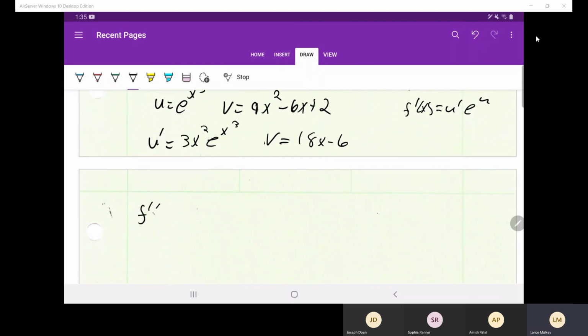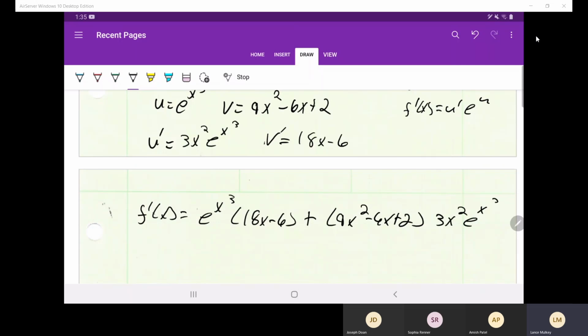So f prime of x equals e to the x cubed times 18x minus 6, plus 9x squared minus 6x plus 2 times 3x squared times e to the x cubed.